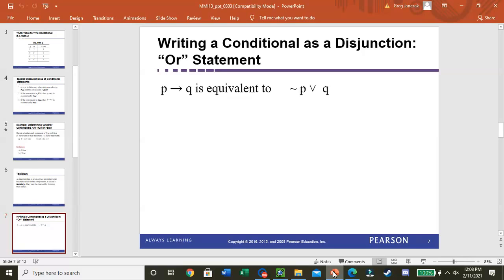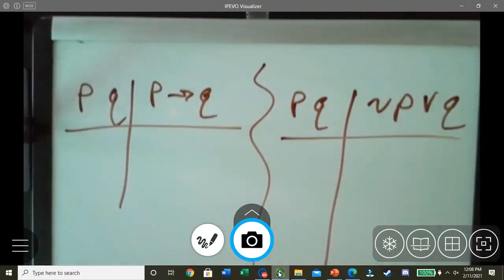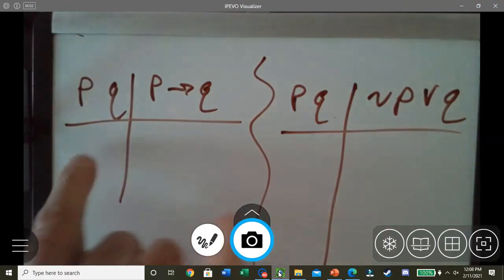And then P, Q, not P or Q. So this is our board. We want to see if these two are equivalent statements.